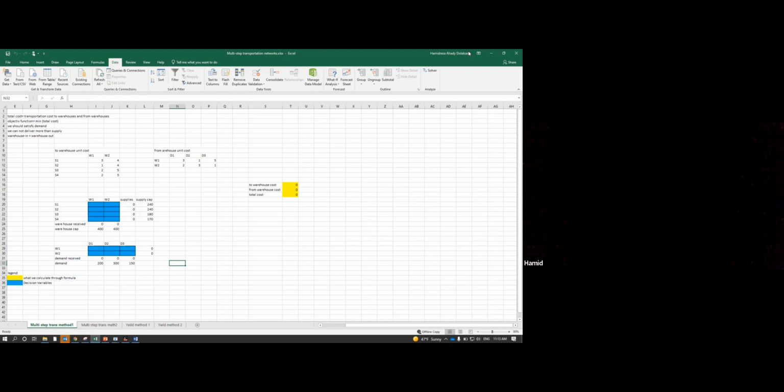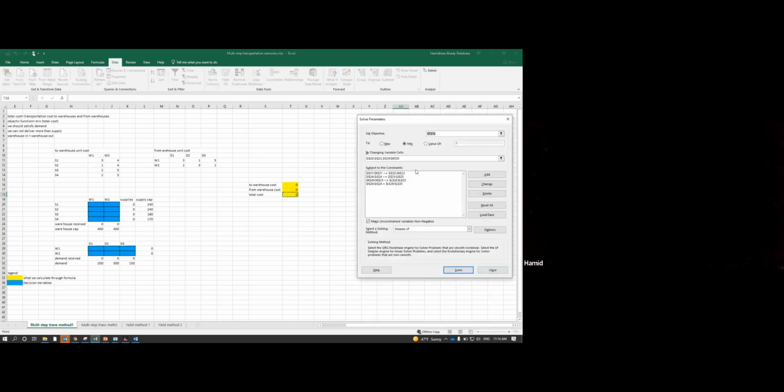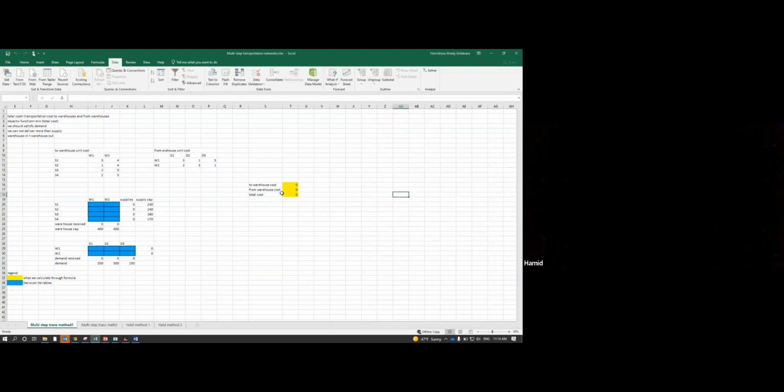So if you click on Solver, as you see, my objective function is T18, total cost. It's just the summation of the above two cells. The first one is the multiplication of whatever you send from the supply points to the warehouses times its cost.